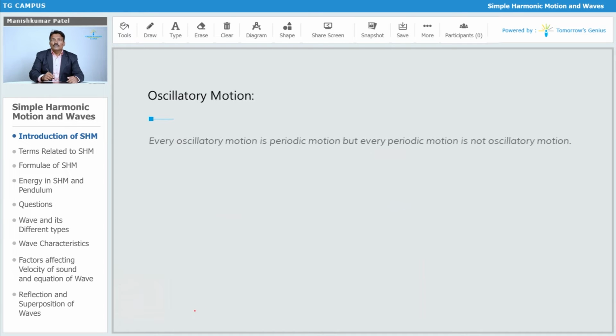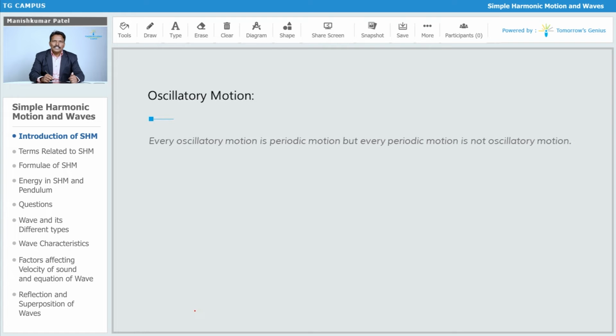Now the most important difference between oscillatory motion and periodic motion: oscillatory motion repeats after a definite interval of time, so it is a periodic motion. But at the same time, every periodic motion is not oscillatory.